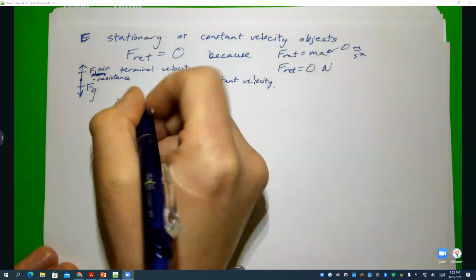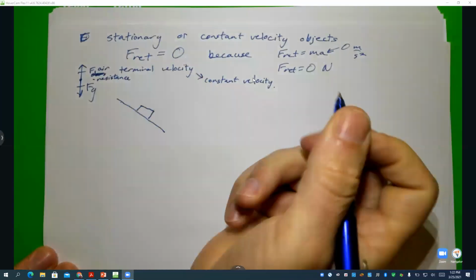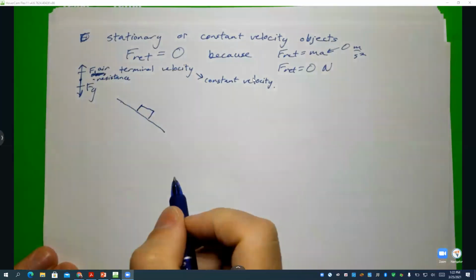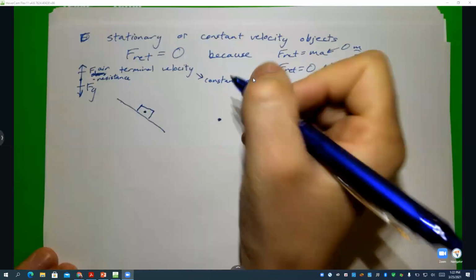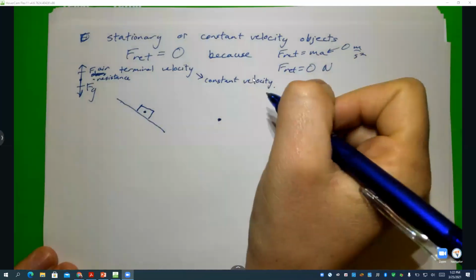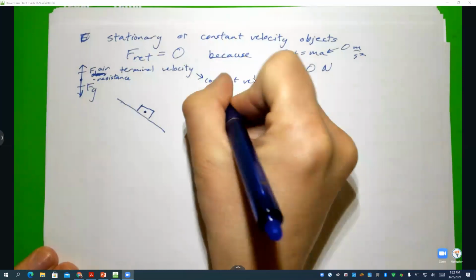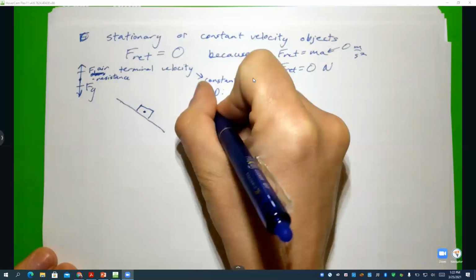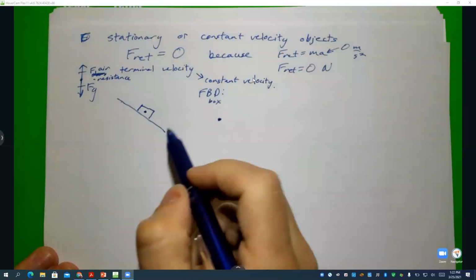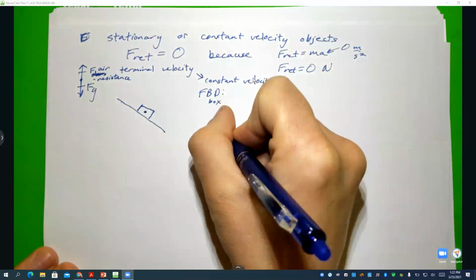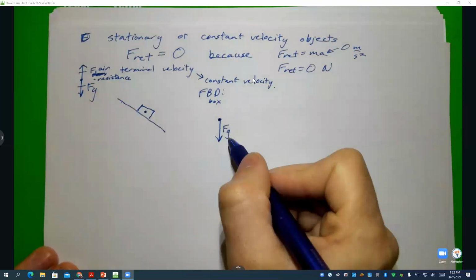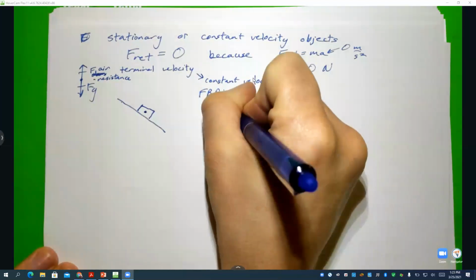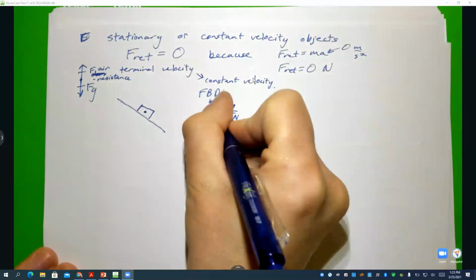I think the only other thing before I get into the Atwood machines that I just thought of is if you have an object sitting on a surface, let's say a stationary box on the surface. So if you were asked to draw the free body diagram for this box, stationary on a slanted surface, what you should do is draw FG, you should draw the normal force, and then you should draw the force of friction.